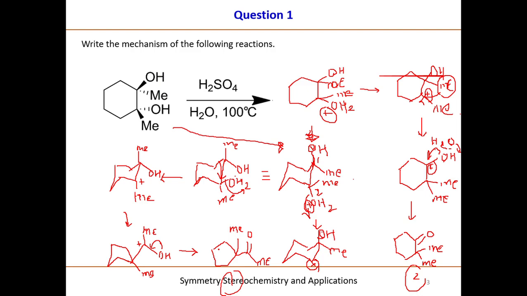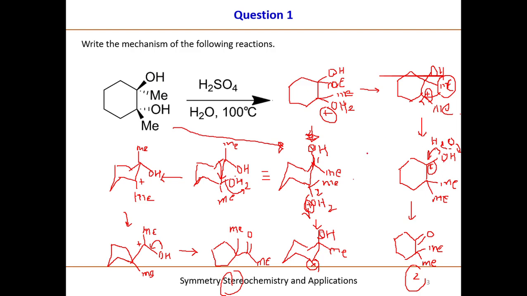The very first question is an example of the pinacol-pinacolone rearrangement reaction, in which the first step is protonation of the OH group, and then in the second step loss of H2O and the formation of a carbocation takes place.